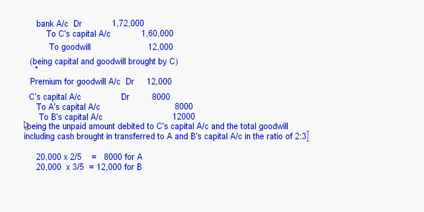That's what we have done, right? So these are the two entries. This one is the first journal entry and this is your second journal entry. These are the two entries that you're supposed to pass in this, right?